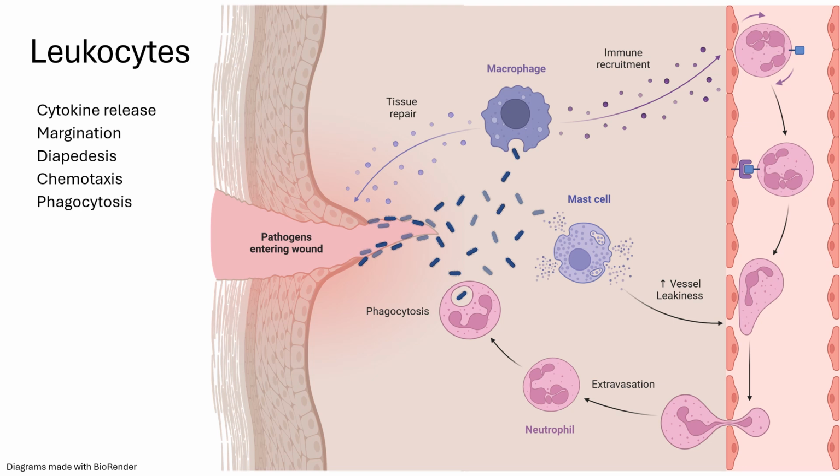And so this is how it works. White blood cells that are flowing by in the blood, like neutrophils or eosinophils, sense the signal of the cytokine and they start to roll along the outside of the endothelium, hoping that they'll be able to attach to the receptor with the cytokine that's being displayed.